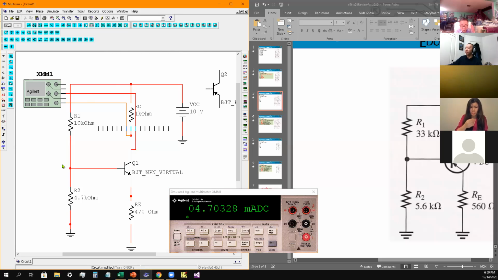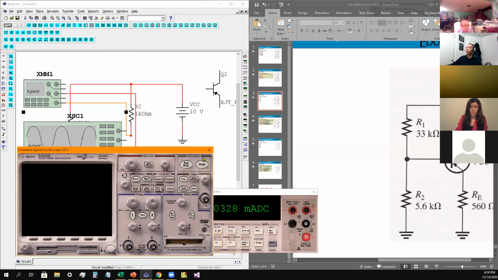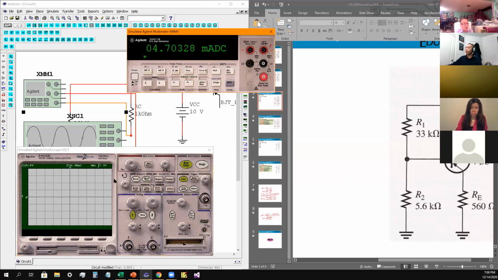So this is the oscilloscope. Anything will be answered for you on Wednesday, and you will get more assignments on MCM 7. If you know how to work with this, that means you're able to do the lab no problem.